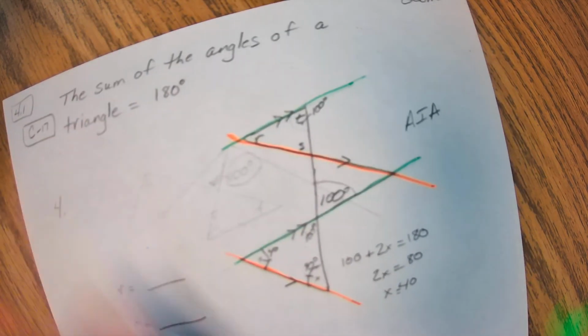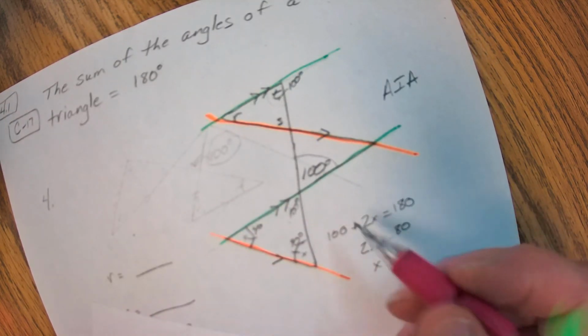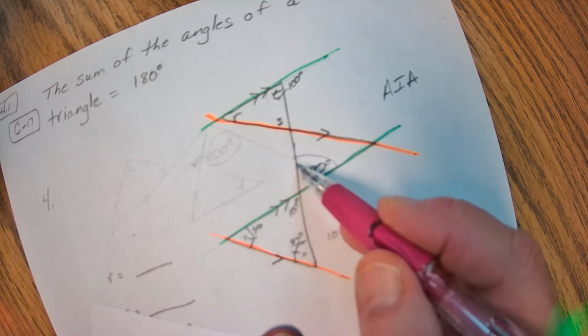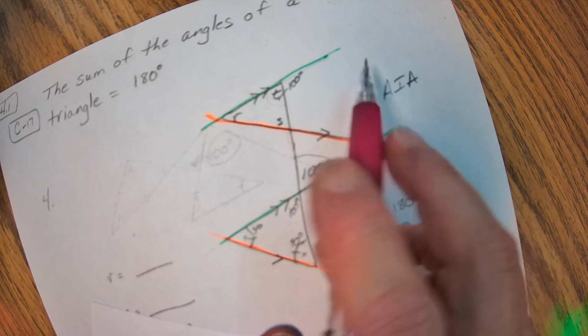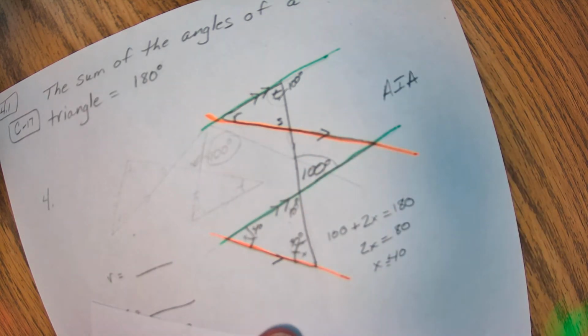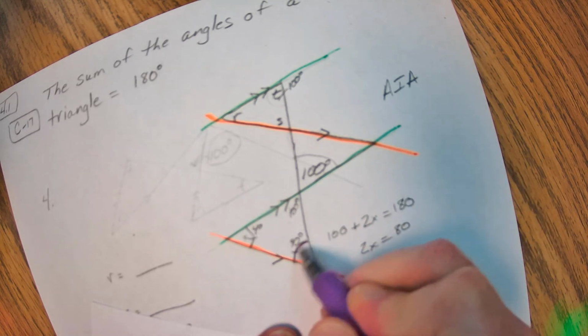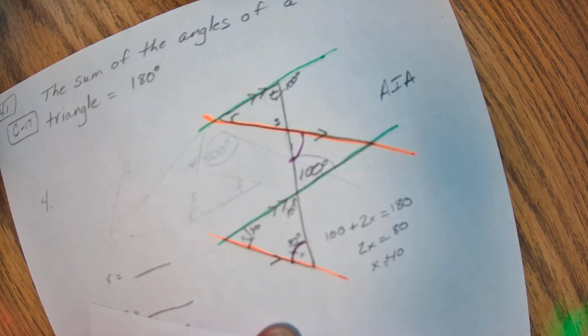Now let's look at these orange parallel lines. And don't I know, if I look at this transversal, I'm going to use a different color. Don't I know that this and this have to be the same because, again, they're alternate interior angles.